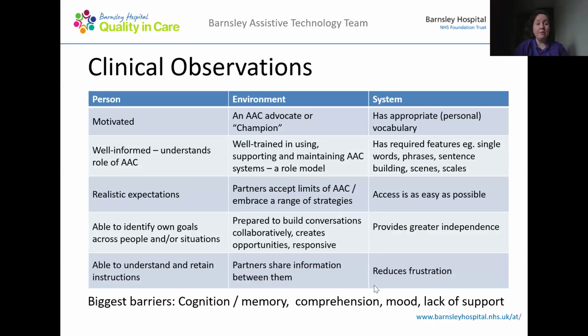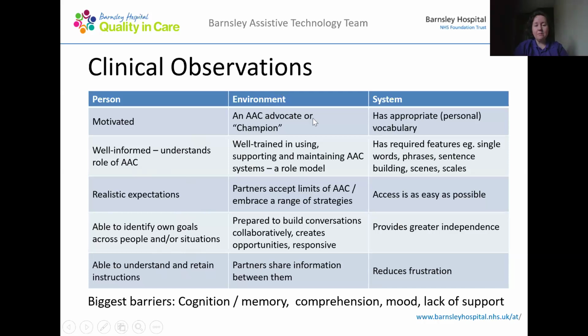So the person being motivated to communicate, understanding the role of AAC, and then having realistic expectations about what it might do for them, being able to identify their own goals in terms of where they'd like to communicate, for example, what they'd like to communicate about, and being able to understand and retain instructions. So these are all things that are really helpful, and we can support people to work towards this. But if somebody's got the potential with these, that can be really helpful in terms of their progress with AAC.